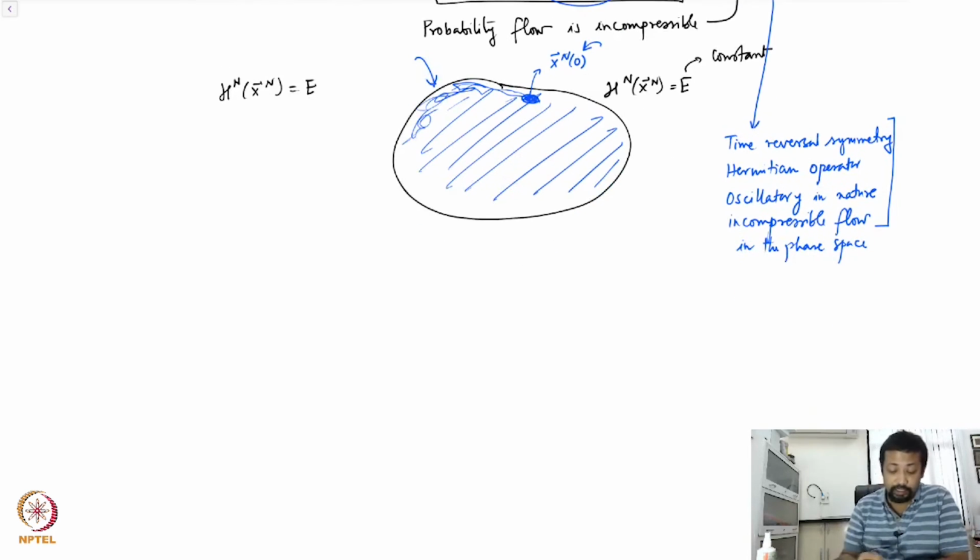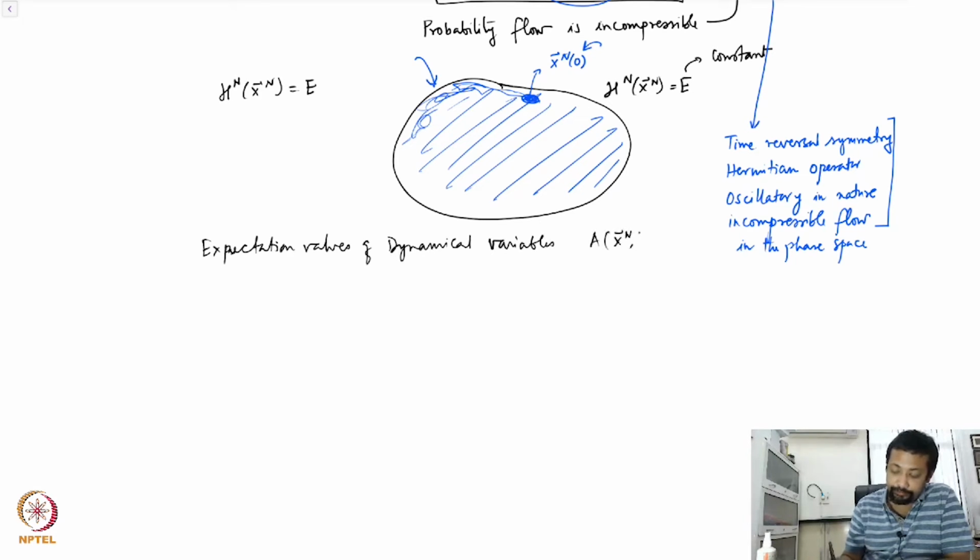Before we describe that, I want to just write down what we are mainly interested in. We are interested in typically our expectation values of dynamical variables, say A of xn, right?